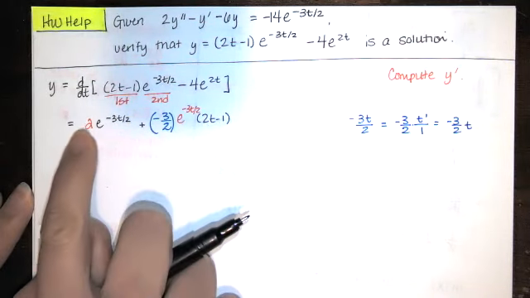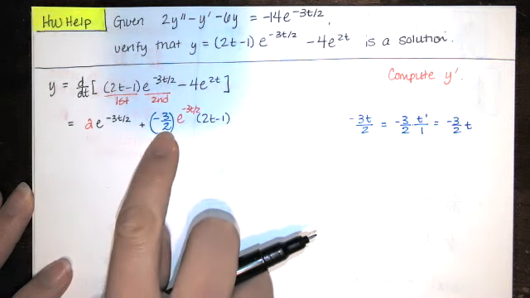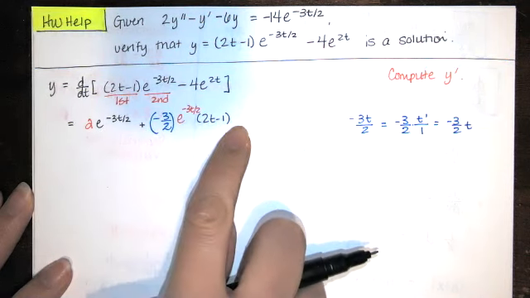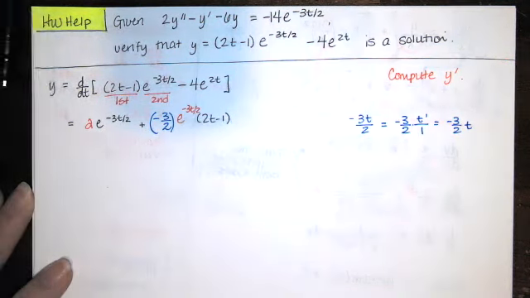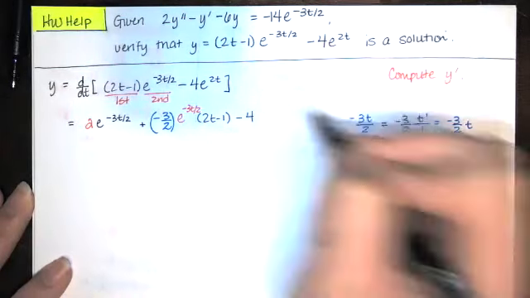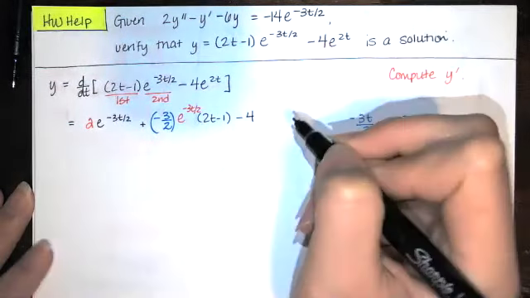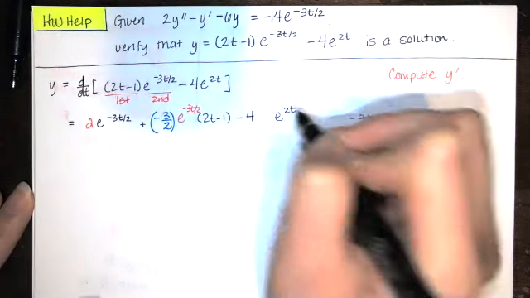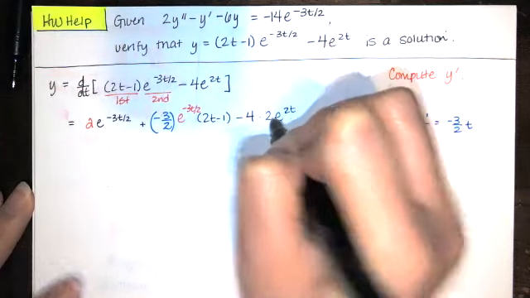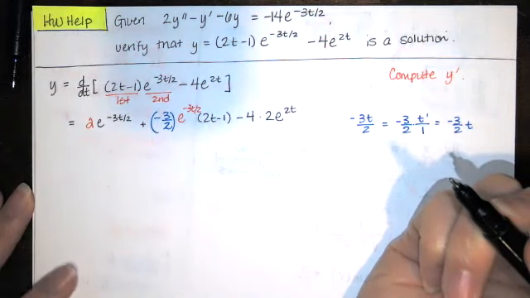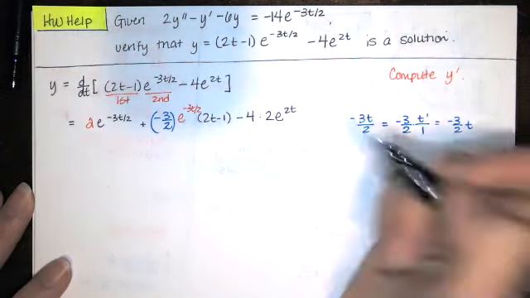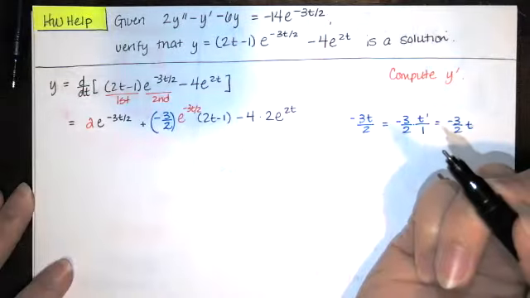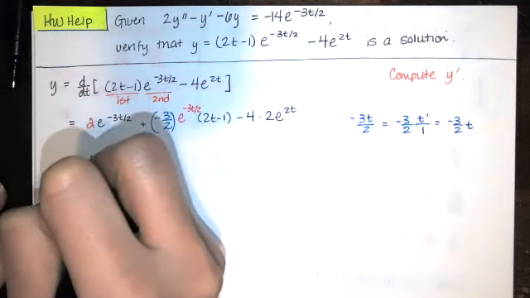So this is the product rule, derivative of the first times second plus derivative of the second times the first. And then over here, we just bring the 4 down. And then we say, what's the derivative of e to some power? The derivative of e to some power is e to that power times the derivative of the inside, which happens to be a 2 in this case. Derivative of a constant times t is just the constant. So we'll simplify.